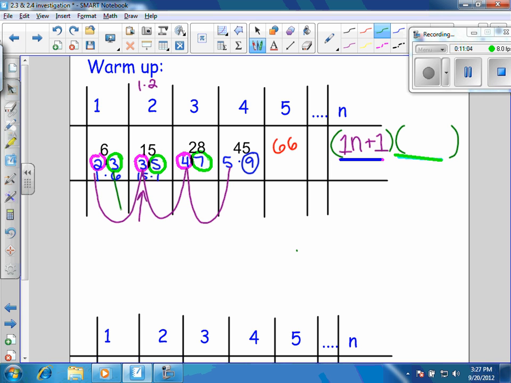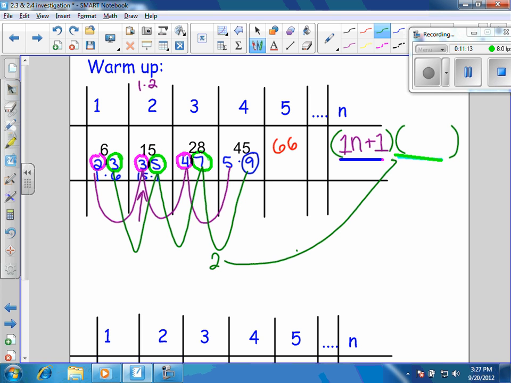Look at these ones. 3 to 5 to 7 to 9. What do these go up by? 2. So this goes up by 2n. Test it. What's 2 times 4? 8. But I want a 9, right? So I have to add a 1.